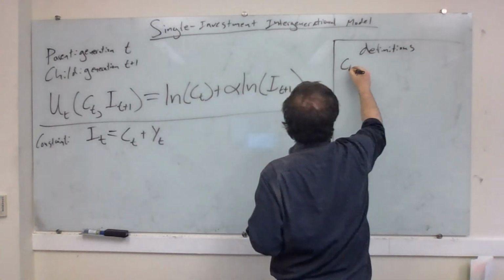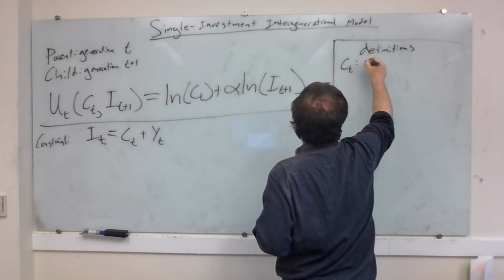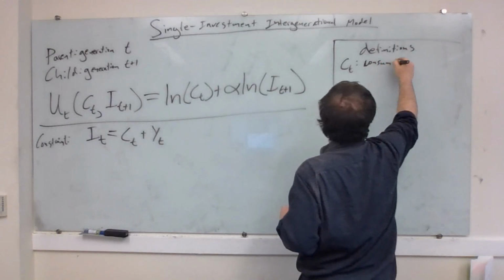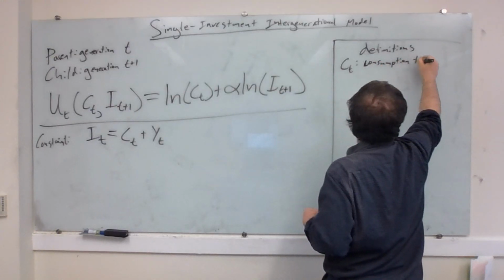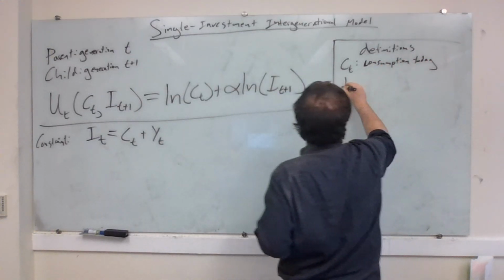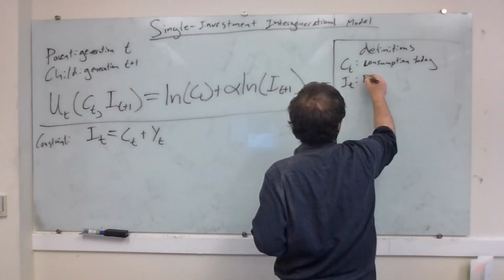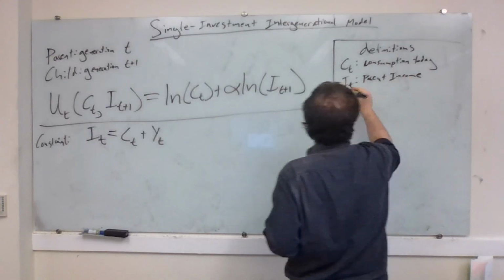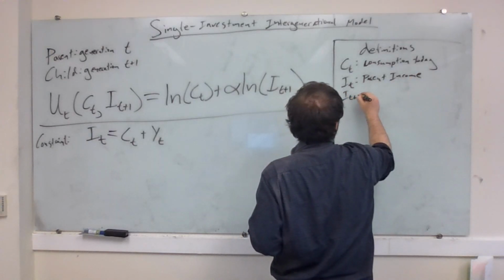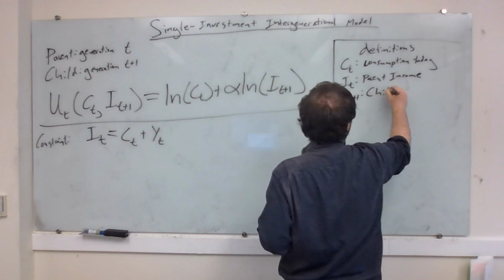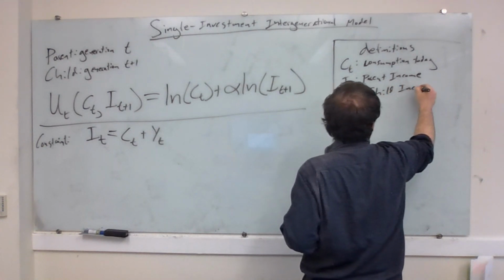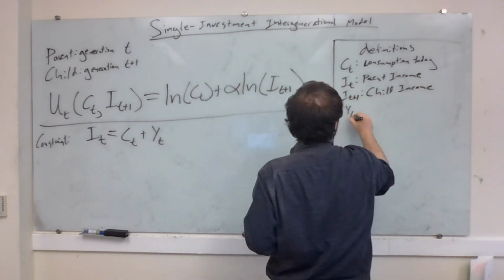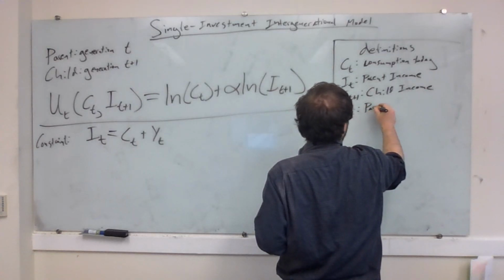C_T is consumption today. I_T is the parent income. I_{T+1} is child income. And Y_T is parent investment.